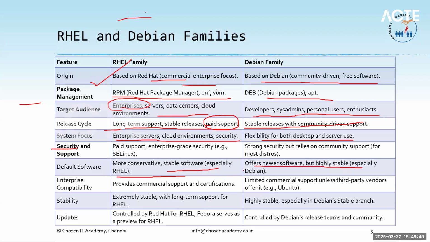When you see the Debian family, they keep releasing new versions more frequently than RHEL or CentOS. So here the enterprise compatibility for CentOS is limited, with commercial support unless third-party vendors offer it. Extremely stable with long-term support, highly stable, especially with Debian's stable branch.